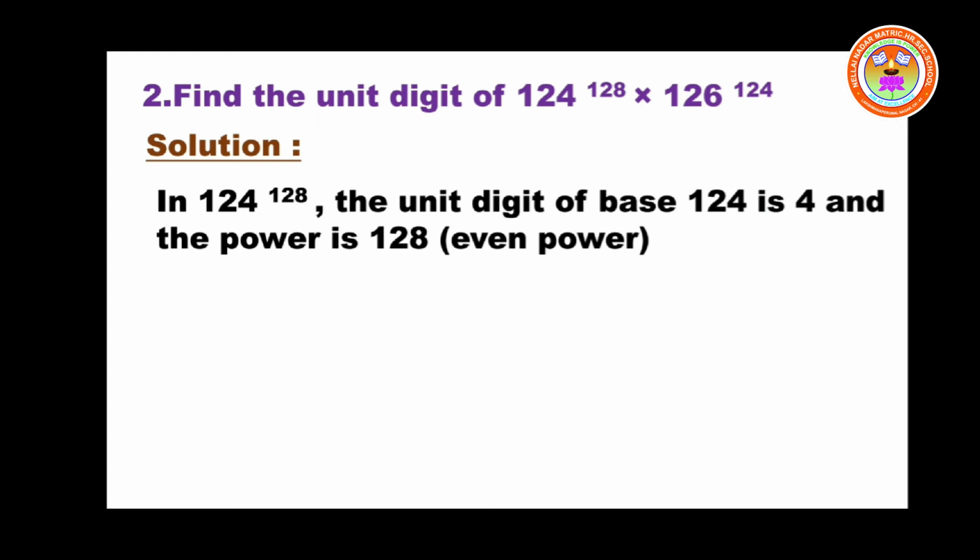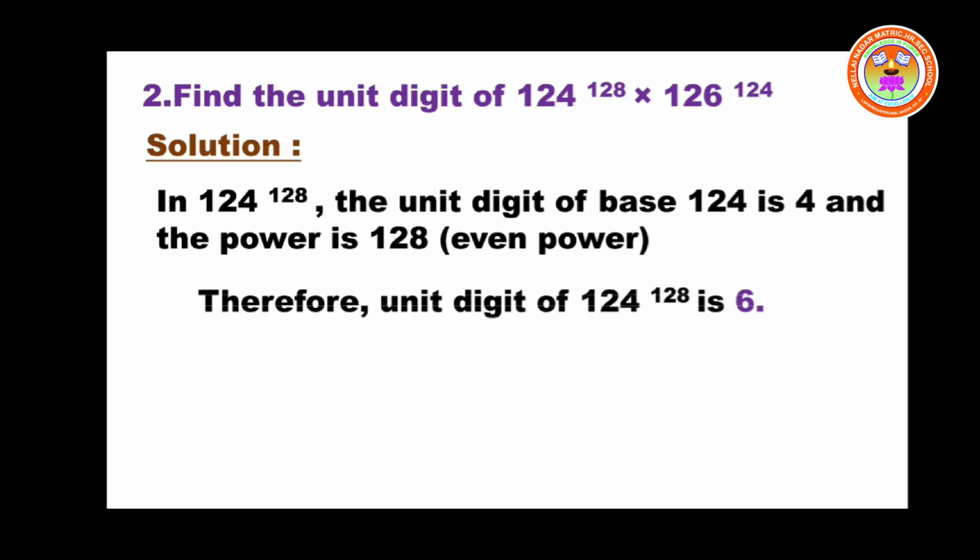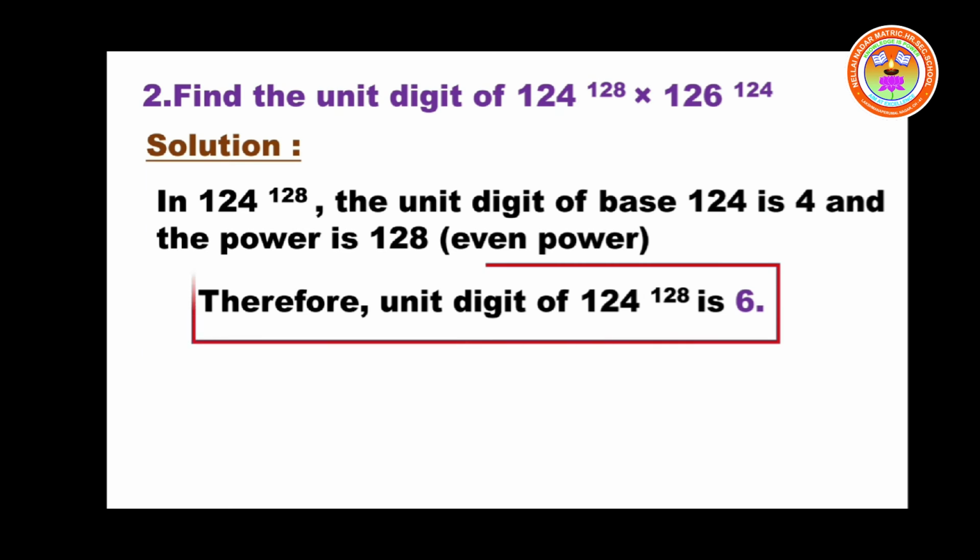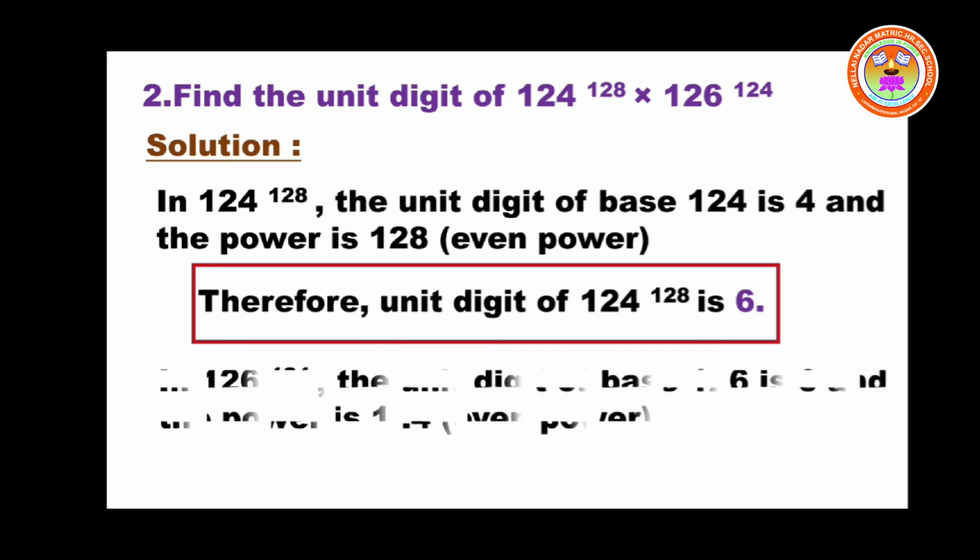In 124 power 128, the unit digit of base 124 is 4, and the power is 128. That is an even power. Therefore, the unit digit of 124 power 128 is 6. So that is your answer for this. Now, next, what do you have? 126 power 124.